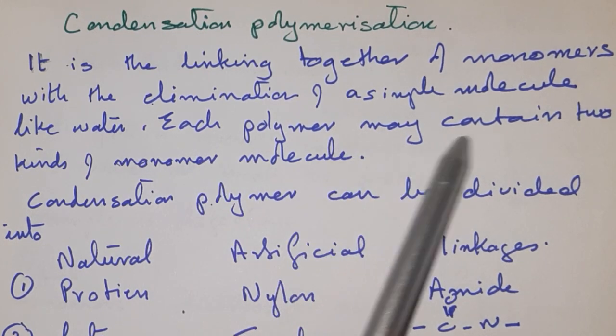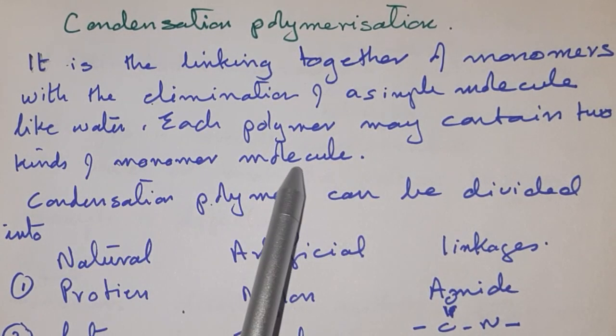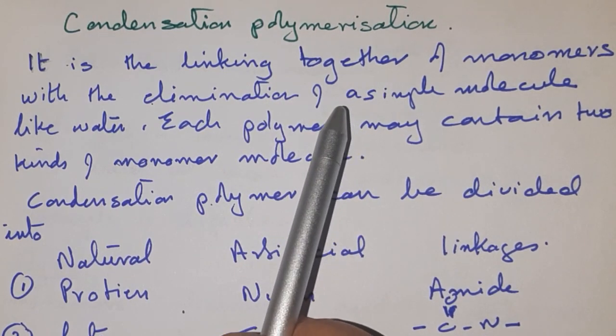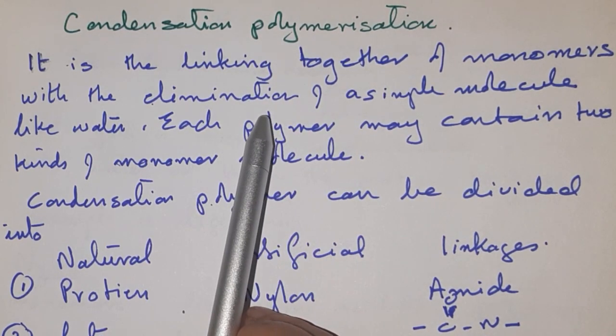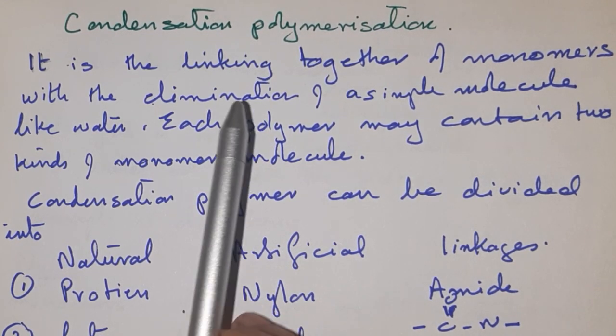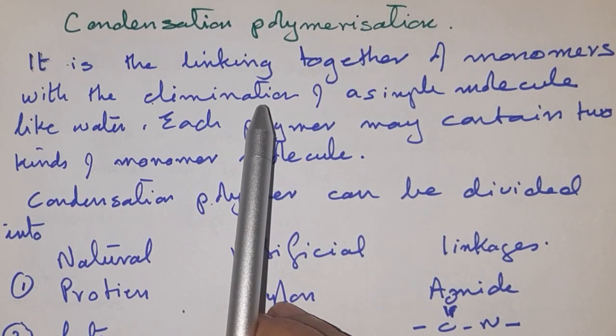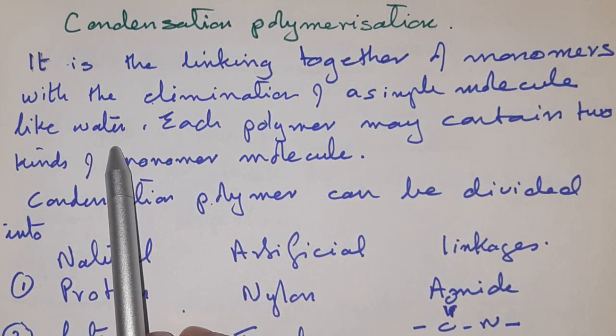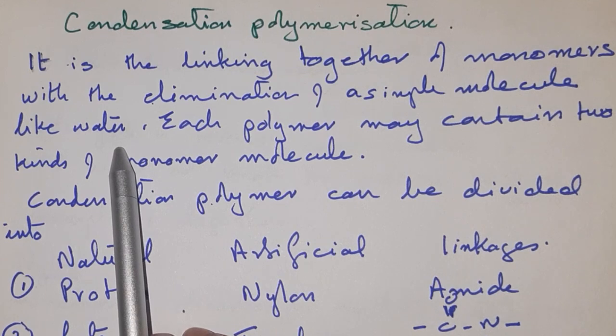Now remember, in addition polymerization, we had said that there is no loss of any molecule or atom. But here, when the two monomers condense together, a simple molecule like water is eliminated.